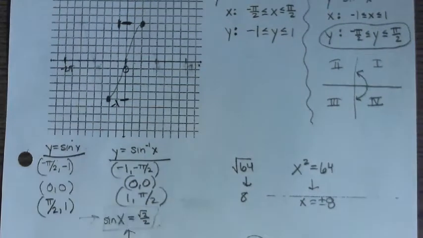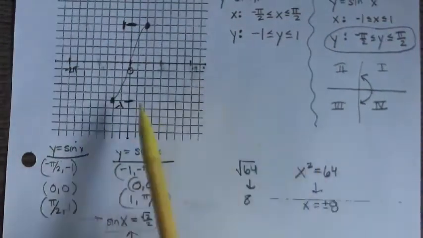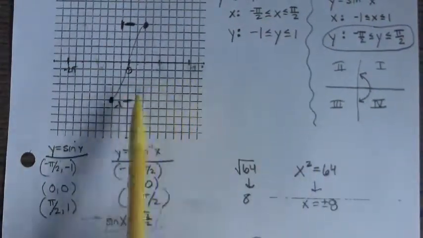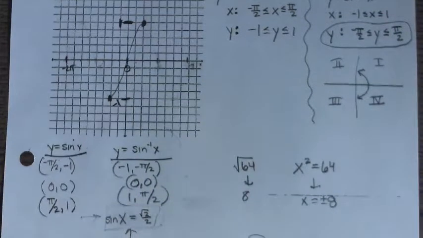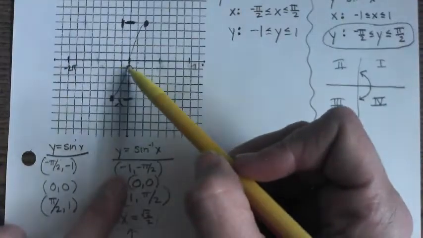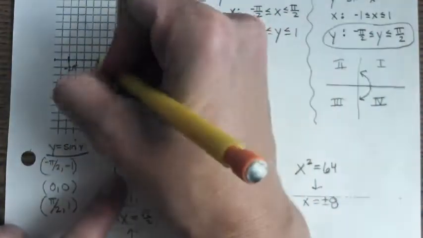Now, this is going to be obviously a little bit tricky because for the sine parent graph, my x-axis is labeled with pi's and my y-axis is labeled with just integers. And if you're trying to graph the inverse, you got to kind of flip-flop your scales, which is difficult, right? So for the sake of keeping our scale as it was, where is negative 1 approximately? So here's negative pi.